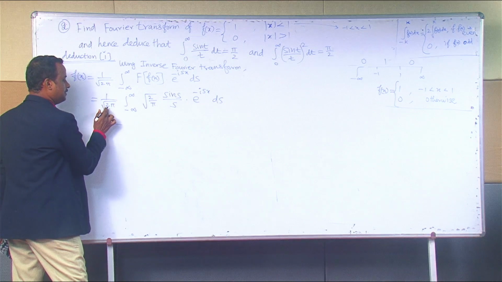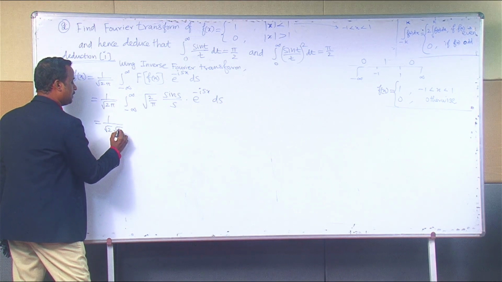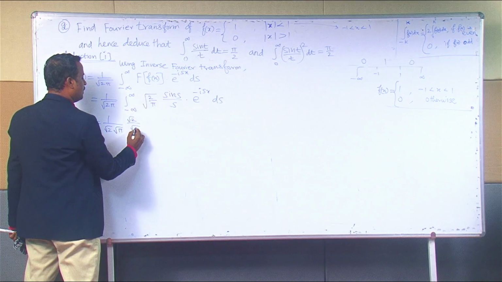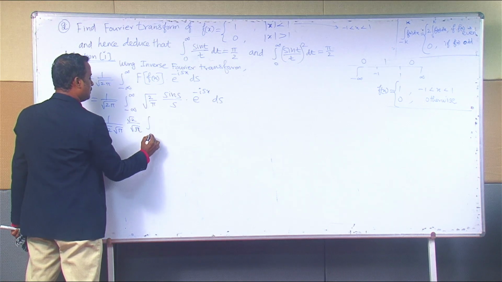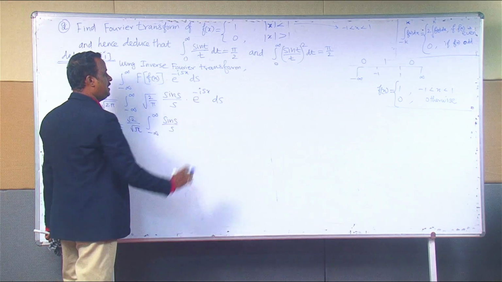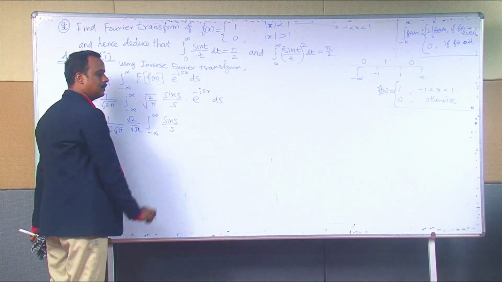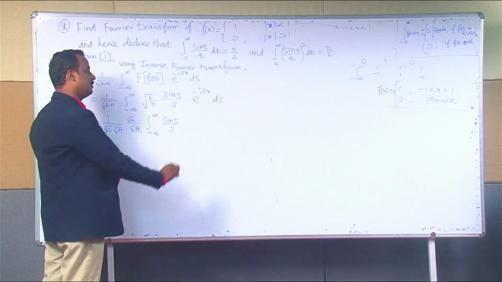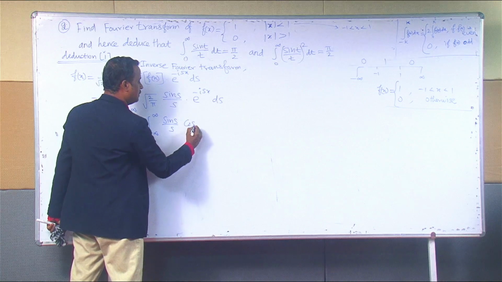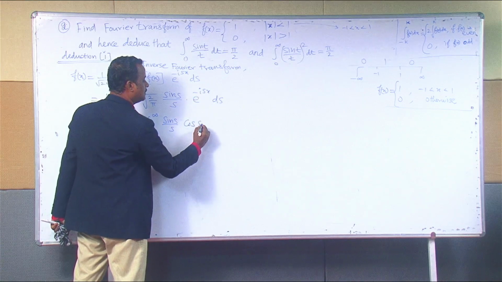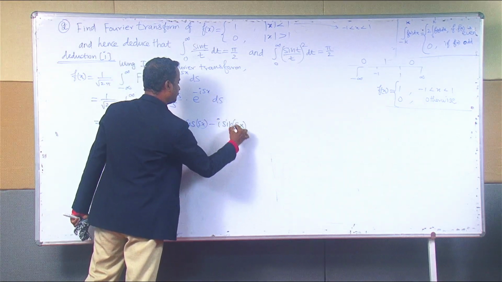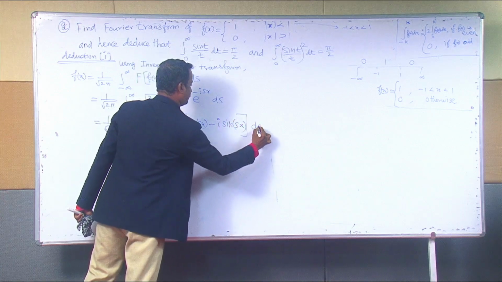Next, 1 divided by root of 2 pi can be written as 1 divided by root 2 into root pi, and this root 2 pi can be written as root 2 divided by root pi. After that, integral minus infinity to plus infinity sin s divided by s. The formula for e power minus i theta is cos theta minus i sin theta. So instead of theta we have sx, therefore the formula for e power minus isx is cos sx minus i sin sx, into ds.